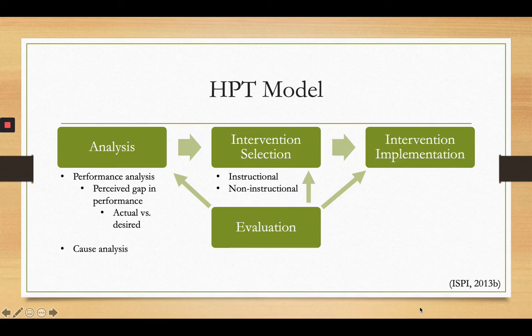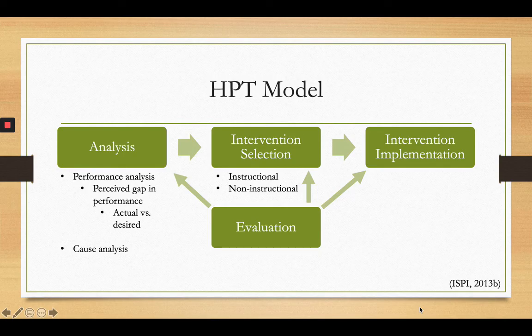Again, the gap in the performance should be worthy of investigating and hold value for the stakeholders. The practitioners then select and implement interventions that address the gap to improve the individual's and organization's performance. Throughout the process, the practitioners evaluate the interventions.